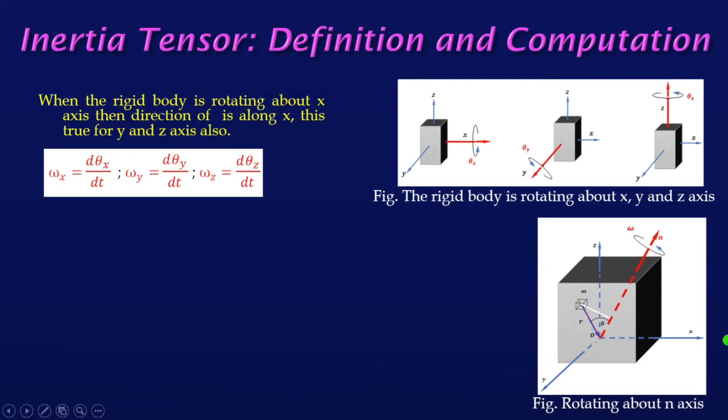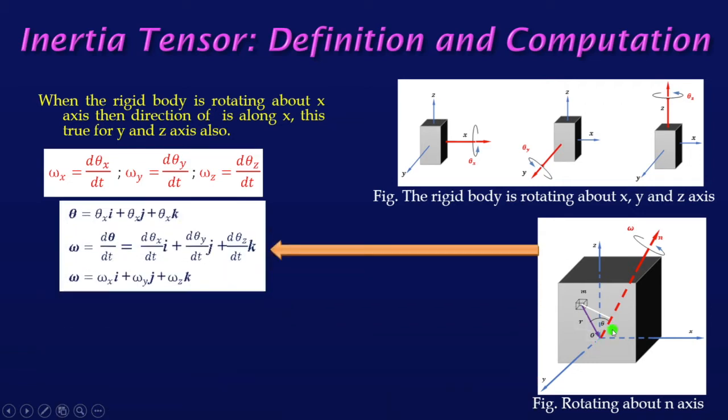Now the radius vector of this point mass is r, and the angle of rotation is theta. It is rotating about this point O. Now we can write that this theta is the summation of theta x, theta y and theta z.